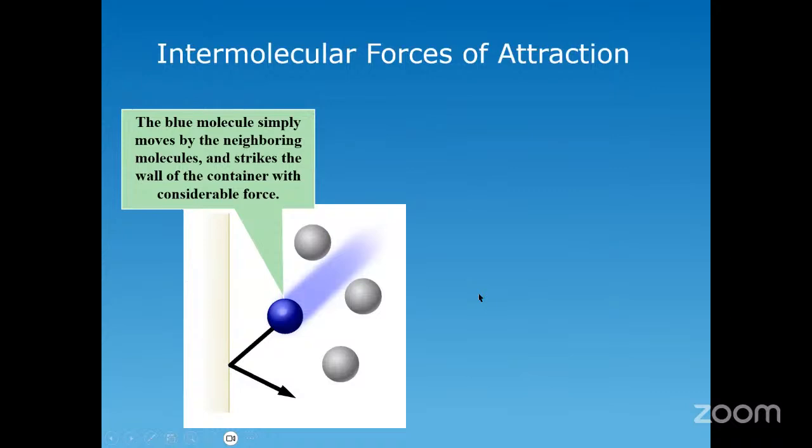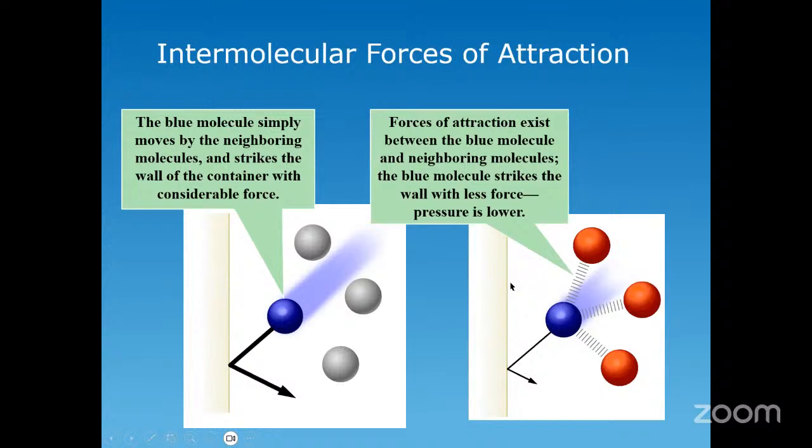Now, this is explaining the difference between real gases and ideal gases in terms of the intermolecular forces. The diagram on the left basically shows you what happens when this gas particle is hitting the wall of the container. Remember, the pressure exerted by the gas is a manifestation of the continuous bombardment of gas particles against the walls of the container, right?